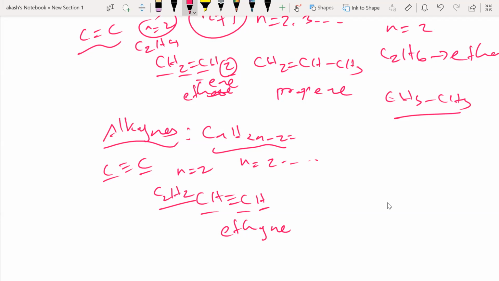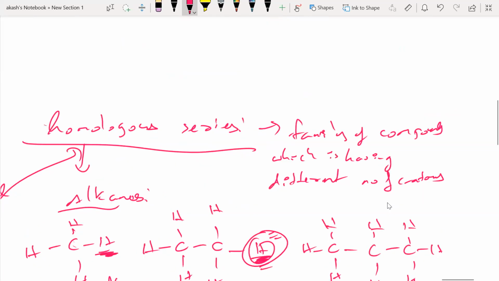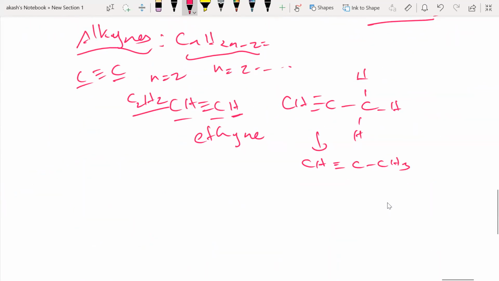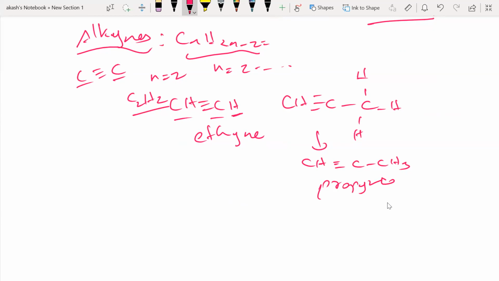Then I can just replace this hydrogen with another carbon. I put another carbon, I have a triple bond here, and for that you have to supply 3 hydrogens. So you can write this one as CH≡C-CH3, and this is going to become propyne. So ethyne and propyne are homologous series.